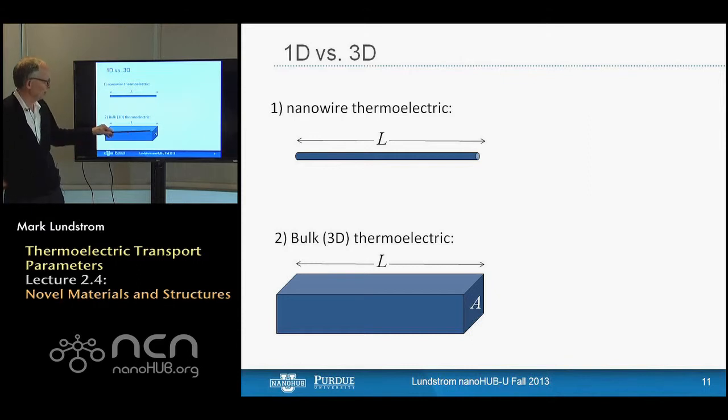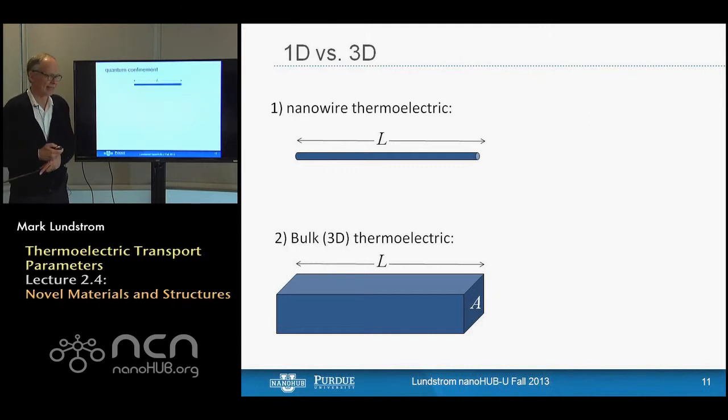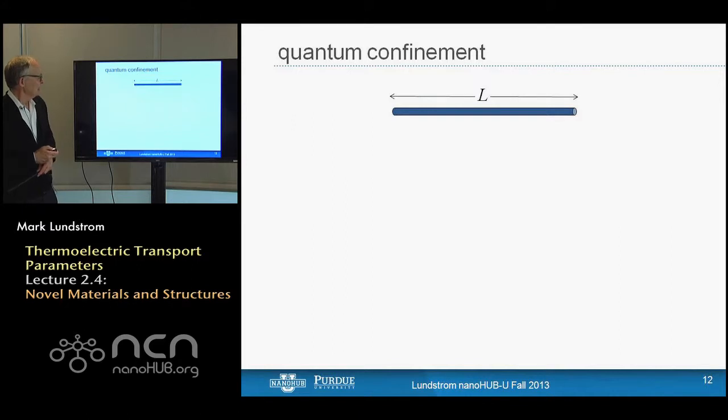We've been talking about a large bulk thermoelectric with a large cross-sectional area A. Let's talk about a nanowire thermoelectric. A very small wire, very small diameter with the same length L, and ask ourselves, what are the thermoelectric properties of that nanowire? Well, this wire, if it is small enough in diameter, the properties are going to be altered by quantum confinement.